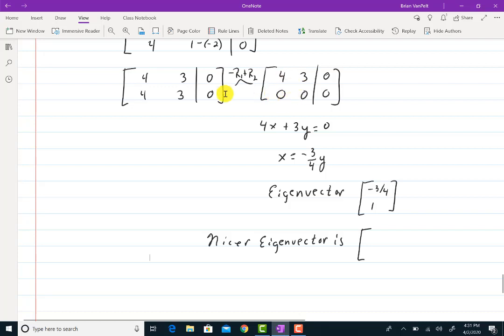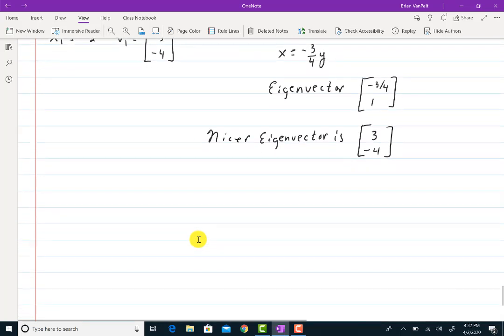So with that in mind, if I let y equal -4, x will equal 3. And so this is the eigenvector I want to use. For my first lambda, -2, the vector associated with it, I like to use 3, -4 instead of -3/4, 1. They just are nicer and are easier to work with if I actually have to multiply stuff out later on.